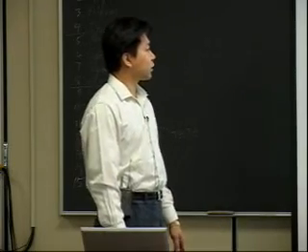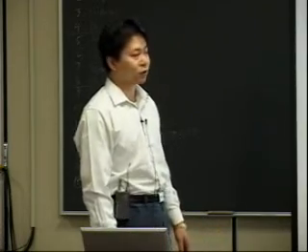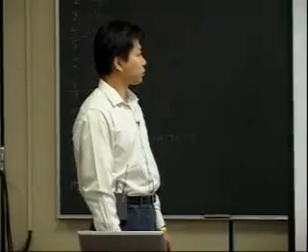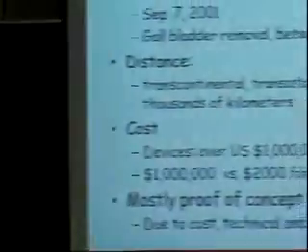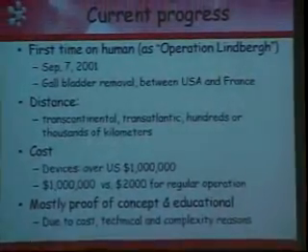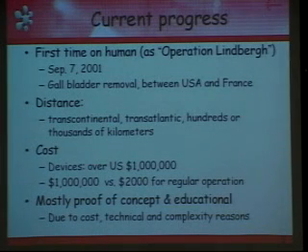The first telesurgery performed on a human was on September 7th of 2001. It's called the Operation Lindbergh. The surgery was performed between the United States and France. After that, telesurgery was performed in many countries. Normally, the distance for telesurgery is hundreds or thousands of kilometers.